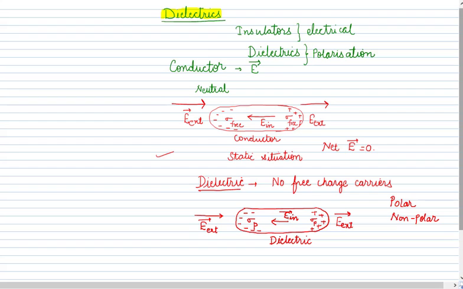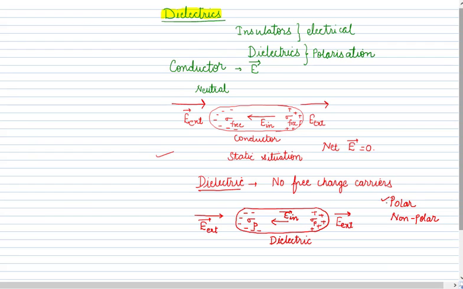So the collective effect of these molecular dipole moments is that there is a net charge on the surface of the dielectric, and it produces a field which opposes the external electric field. So that is how the dielectric behaves when it is kept in an external electric field.